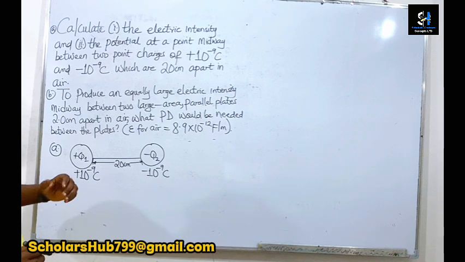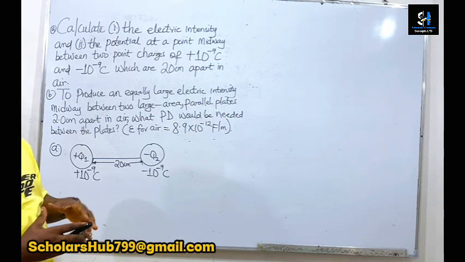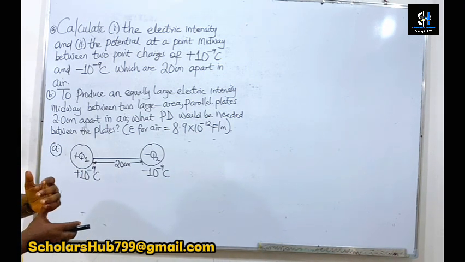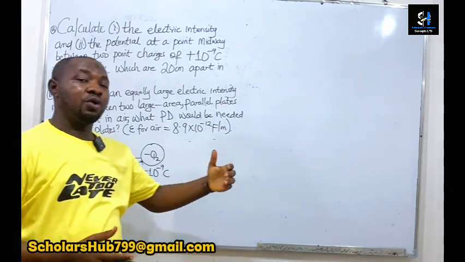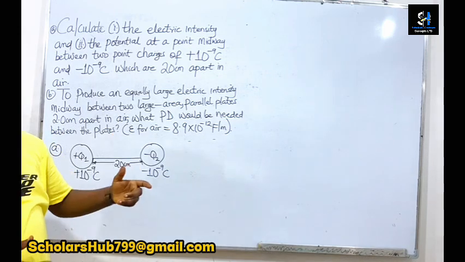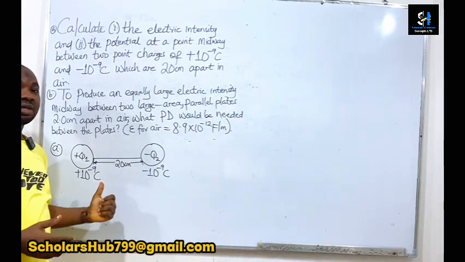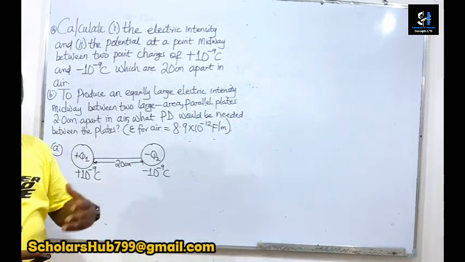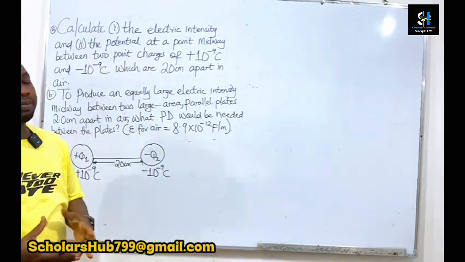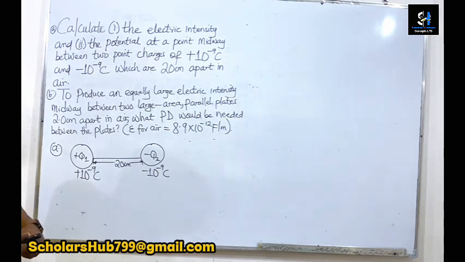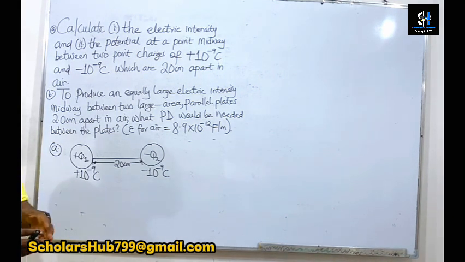The electric intensity at a point midway between the two charges will be the vector sum of the electric field intensities from each charge. Electric field intensity is the force experienced by a unit positive test charge placed at a point in an electric field, or the force in Newtons acting per unit coulomb of an electric charge.